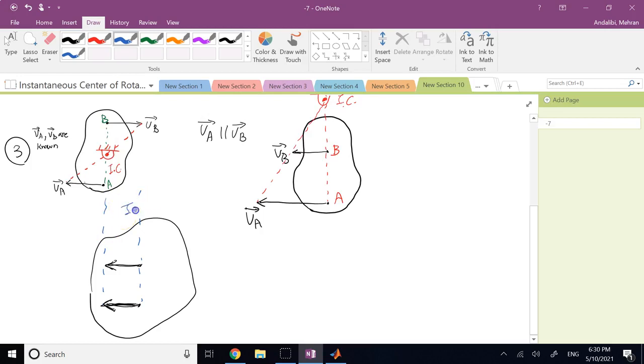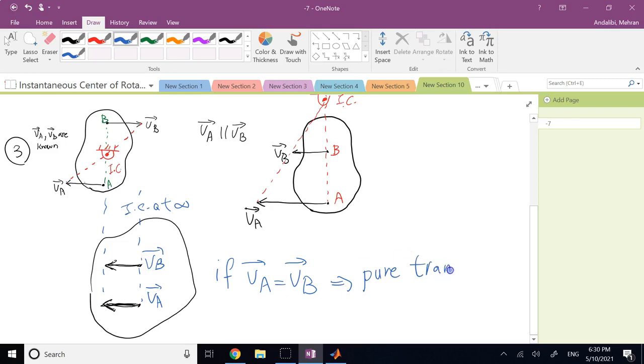Here the instantaneous center is at what? At infinity. Why? Because if velocity of 2 points on the rigid body are equal, correct? So if VA equals VB, or any arbitrary 2 points, they have the same velocity, it means the object is doing what?